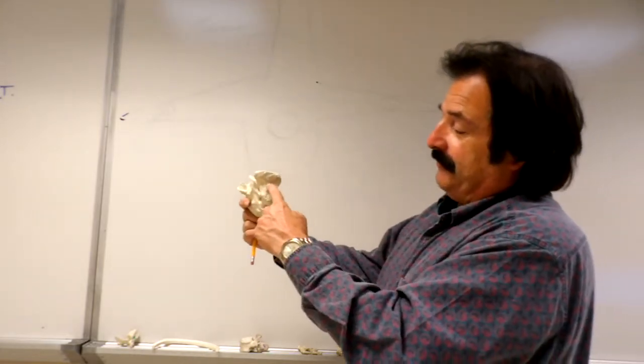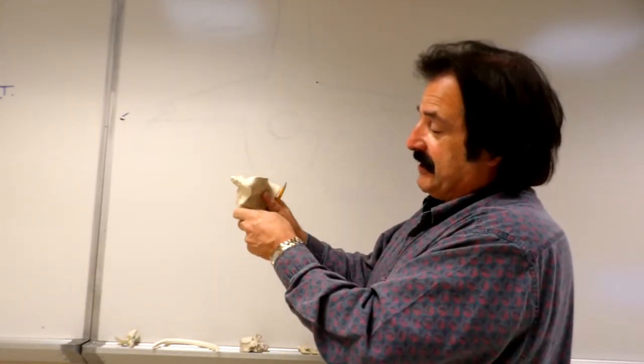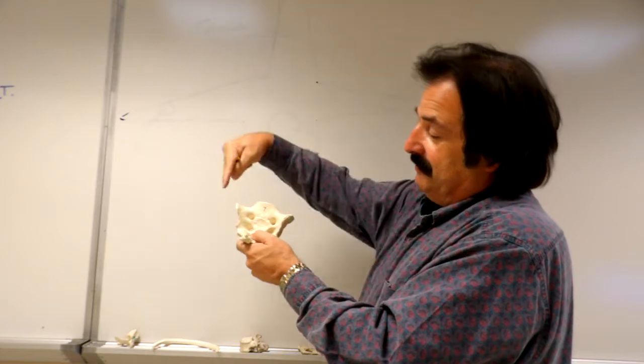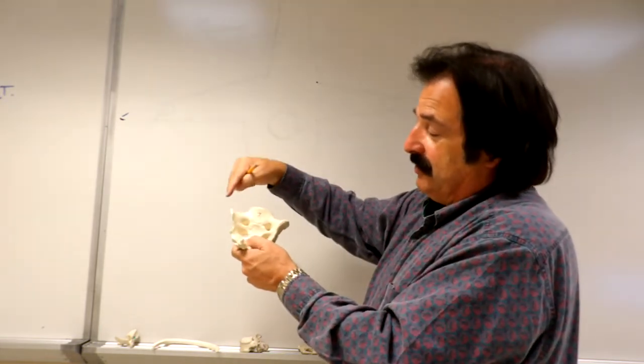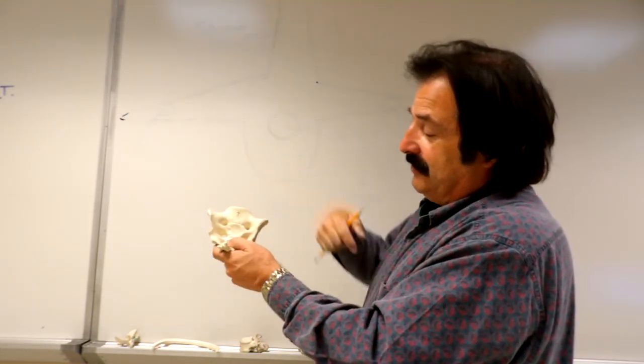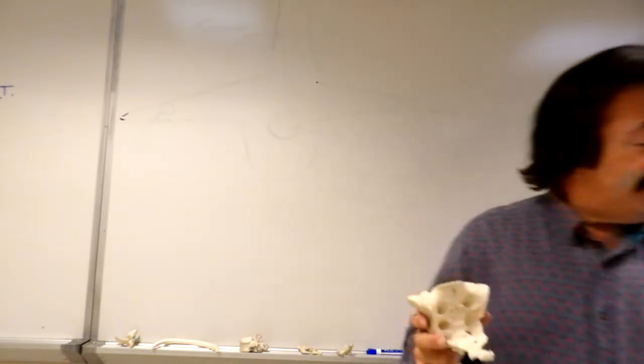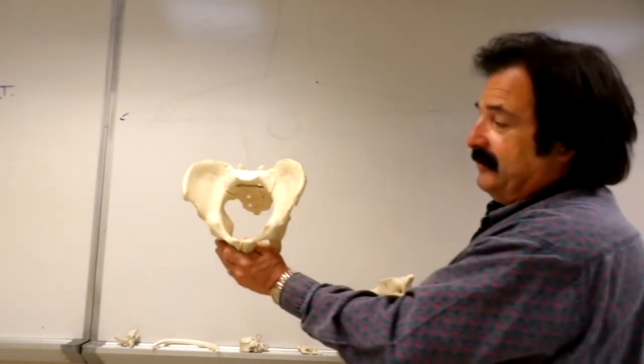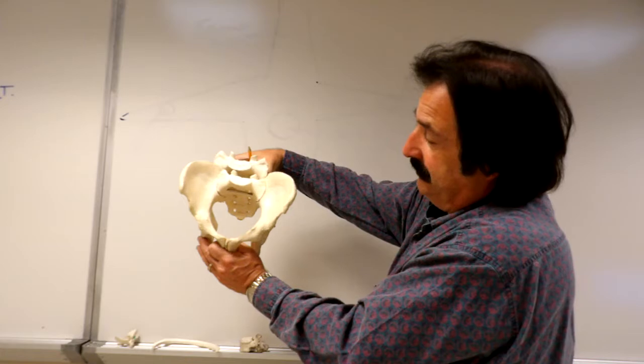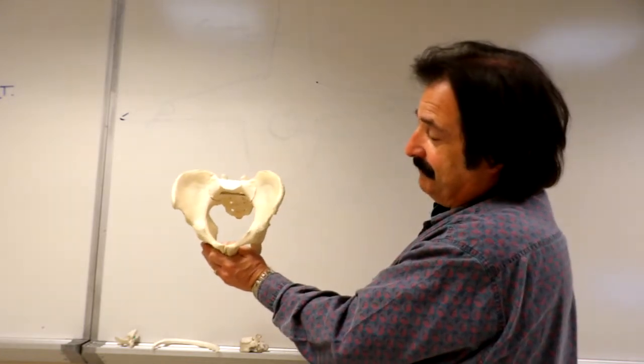And here's the rough auricular surface of the sacrum. So basically, the right pelvic bone goes over here, the left one on this side, forming the pelvic girdle. Just like that.